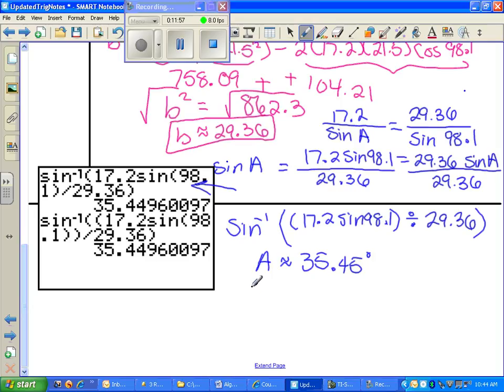And now we have 2 out of 3 angles. So we will just add them up and subtract from 180.